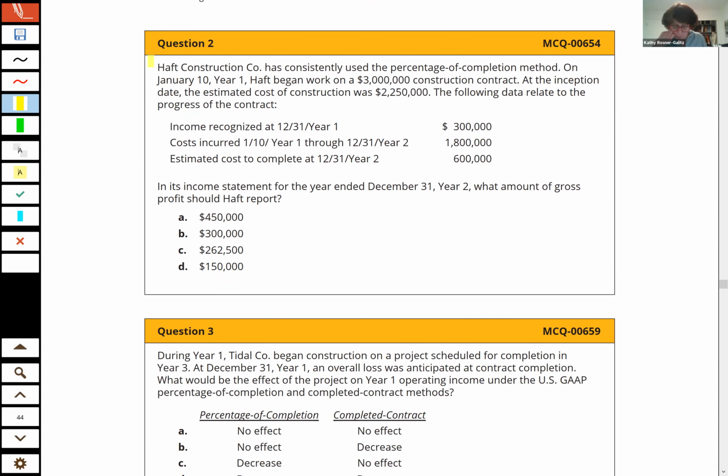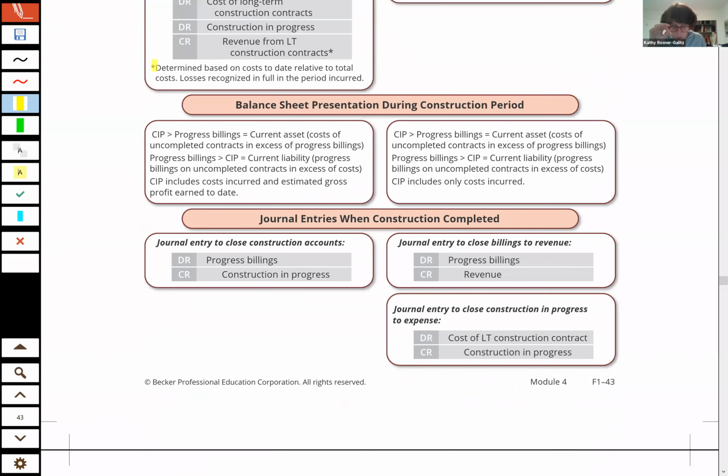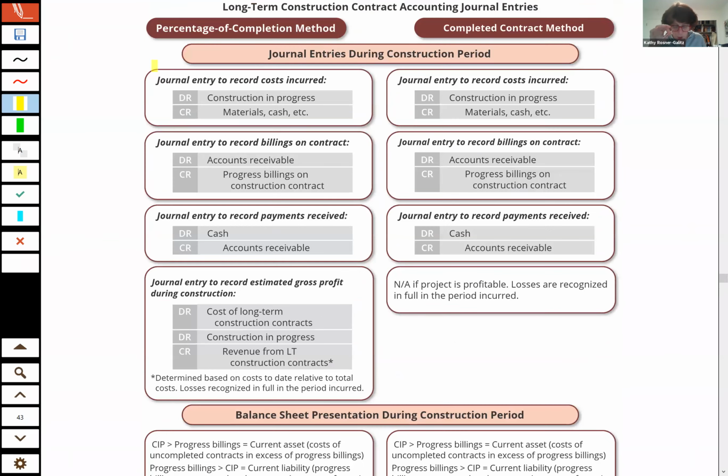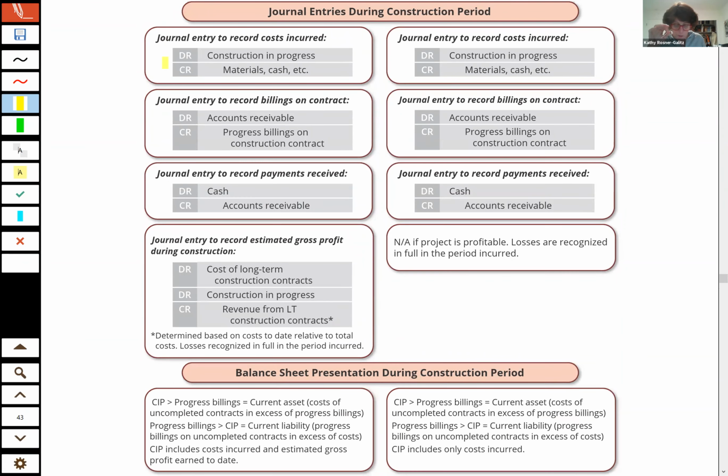Yeah, I just want to go back to the journal entries because I'm not that familiar with them, and I want to make sure what type of account I'm looking at. In particular, the big box that says journal entry to record estimated gross profit during construction.